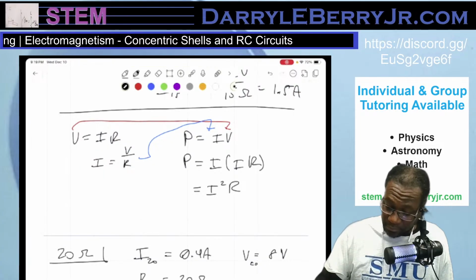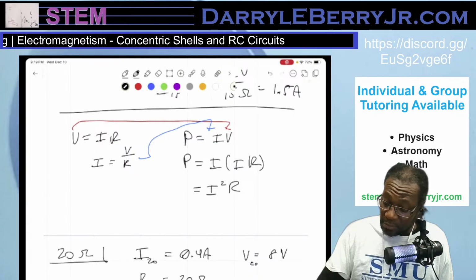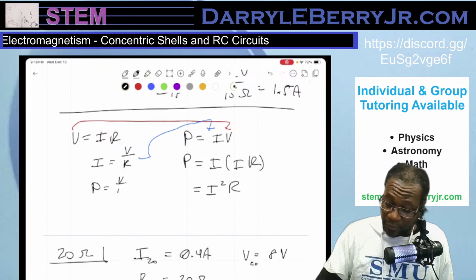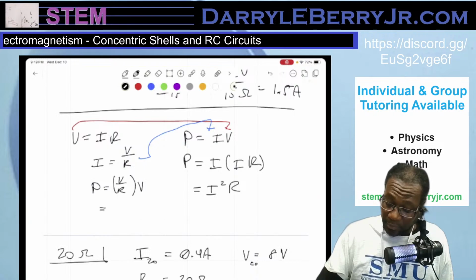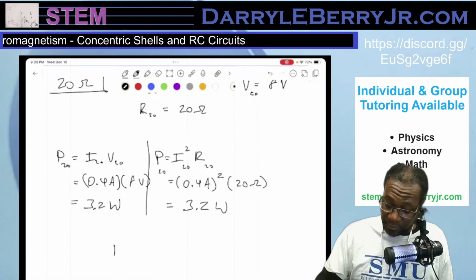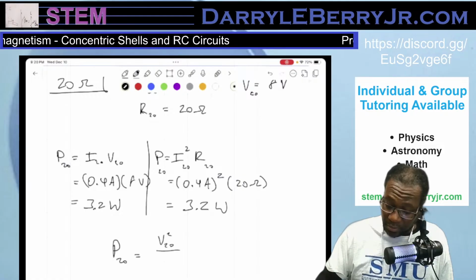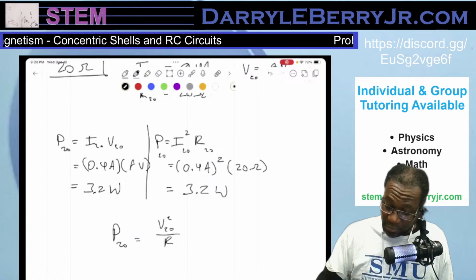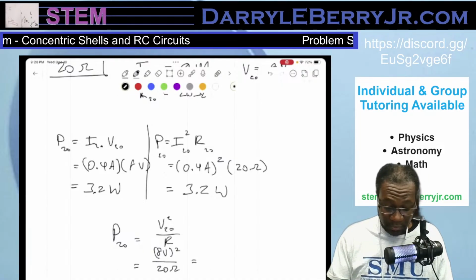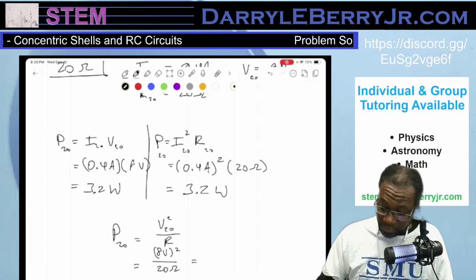Oh yeah, I inserted the I into that. So then I got P equals V over R times V, or P equals V squared over R. So we'll do P20 equals V20 squared over R20. It's going to be 8 volts for 20 ohms. So let's see what this gets me. Oh, 3.2. There we go.